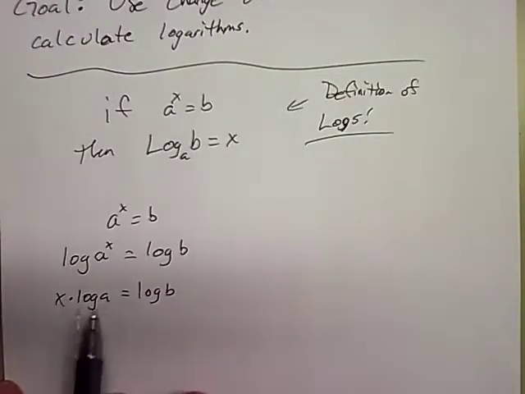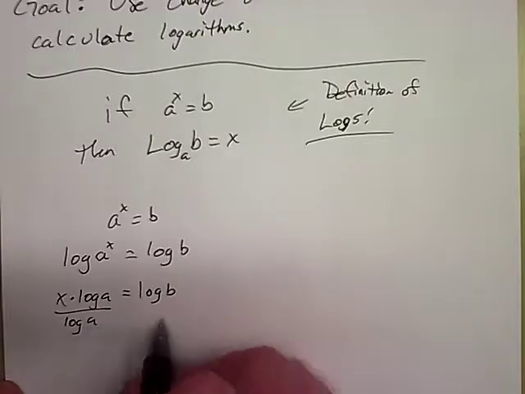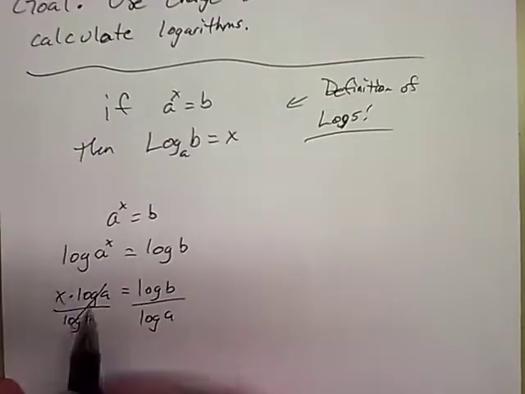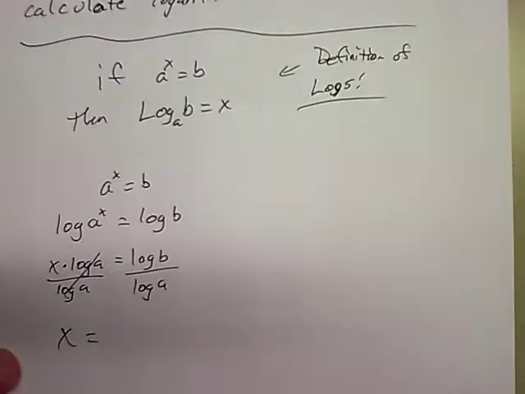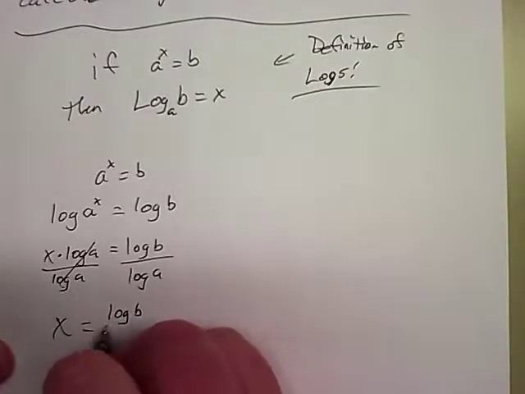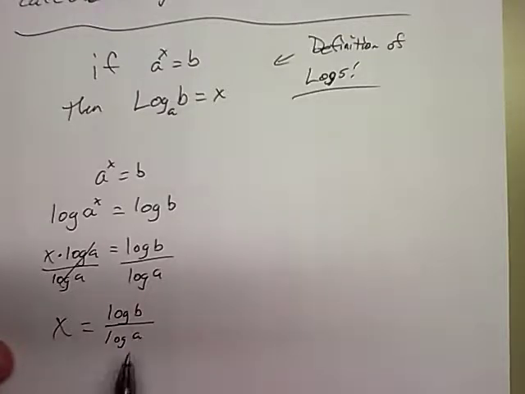Now if I divide both sides by log base 10 of a, I'm left with x on this side. x is going to be equal to log base 10 of b divided by log base 10 of a. And that's x.